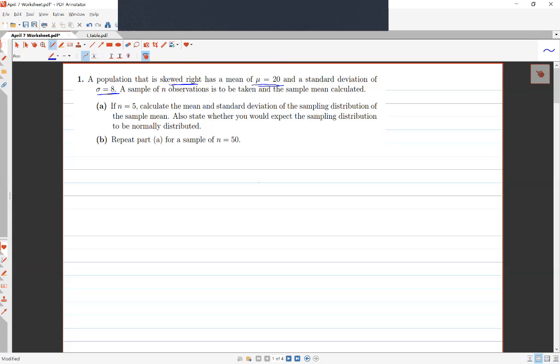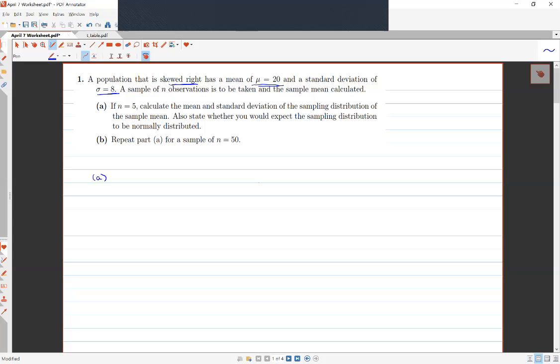Someone's going to take a sample from this population and calculate the sample mean. And so our first sub-question, part A, says if the sample size is 5, calculate the mean and the standard deviation of the sampling distribution. Also state whether you would expect the sampling distribution to be normally distributed.